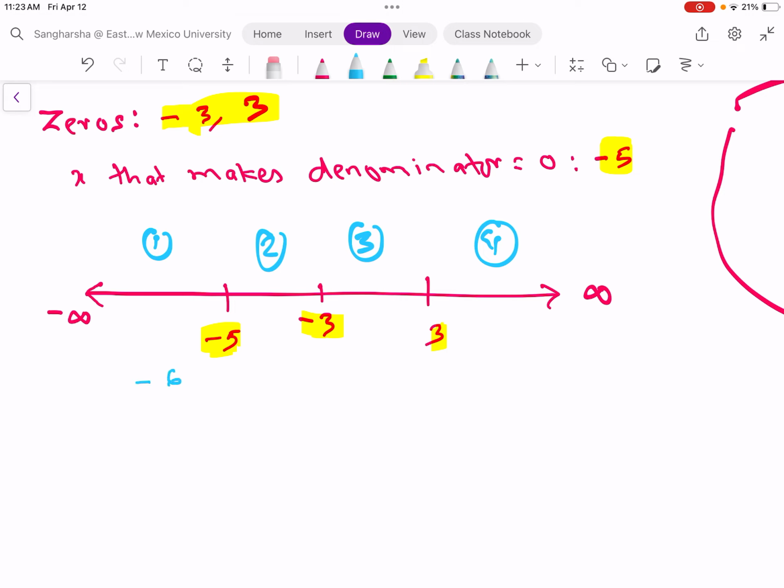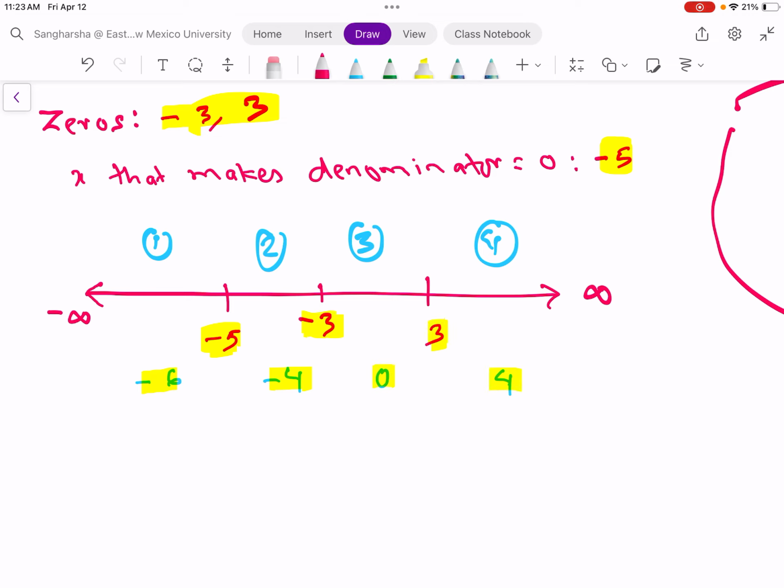In between -5 and -3, we can choose -4. In between -3 and 3, we can choose 0. And from 3 to positive infinity, we can go with 4. Or you can choose any number. Now we have to check each of these numbers to see whether they are solutions for this inequality or not.